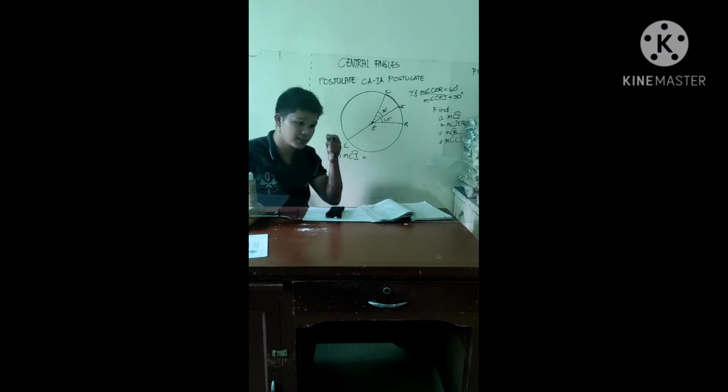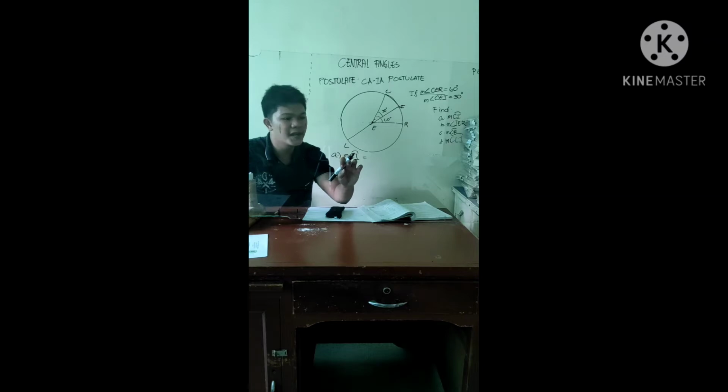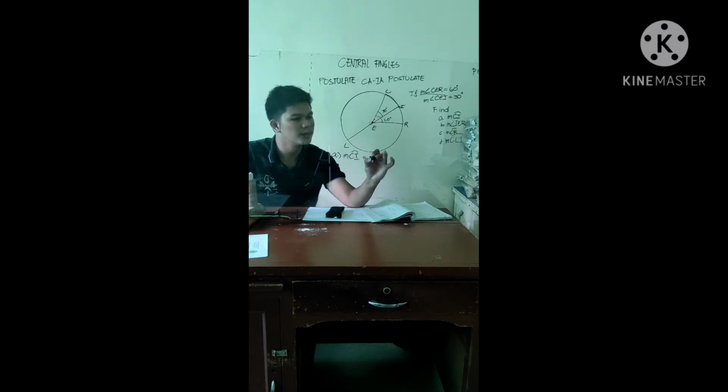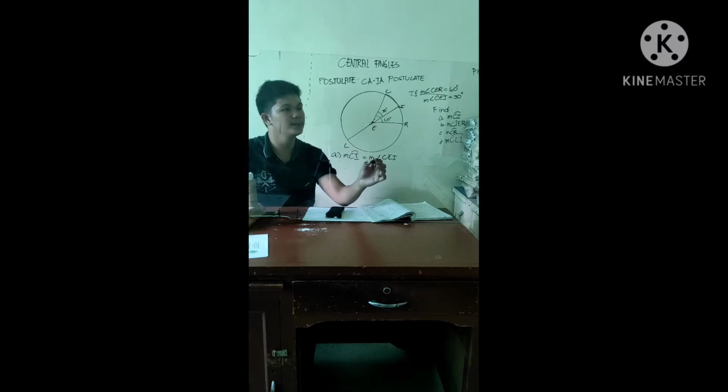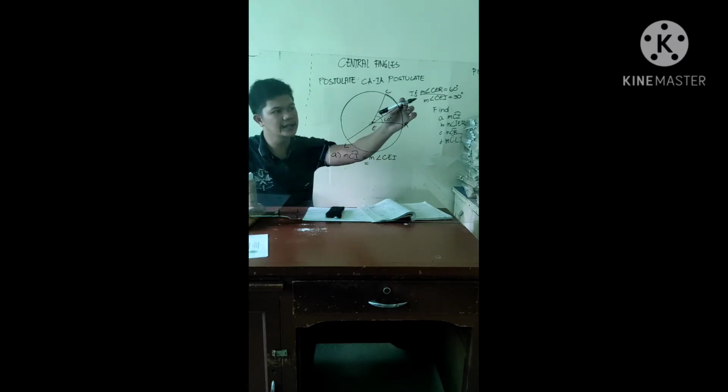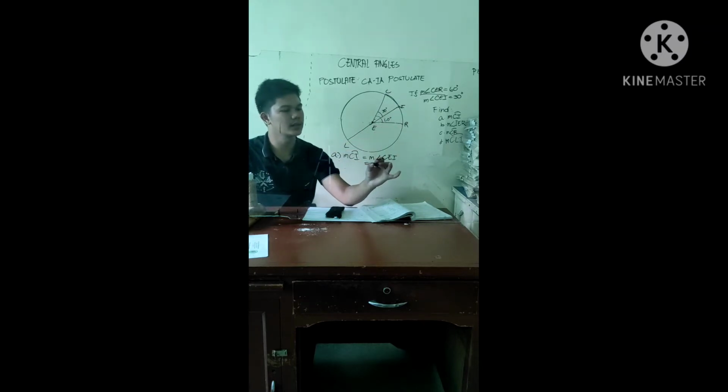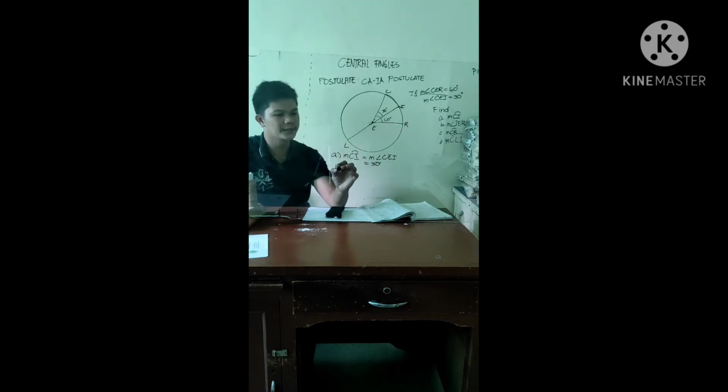So, meaning, ang measurement ni arc CI, that is equal to the measure of your angle CEI. Okay? So, given naman yung ating CEI na 30. So, meaning, ang measurement ni arc CI is equal to 30 degrees.